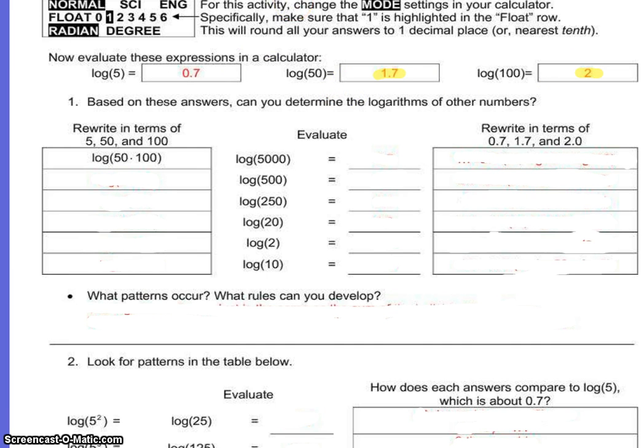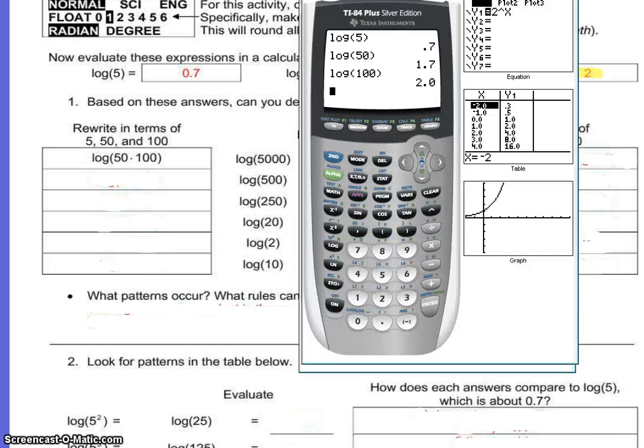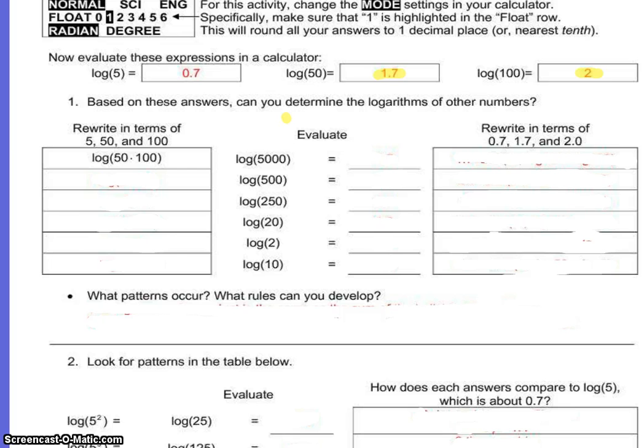Let's go to our calculator and plug that in. If I plug in log of 5,000, what do I get? 3.7. Now, don't I notice that 3.7 is what these two numbers would have been together?